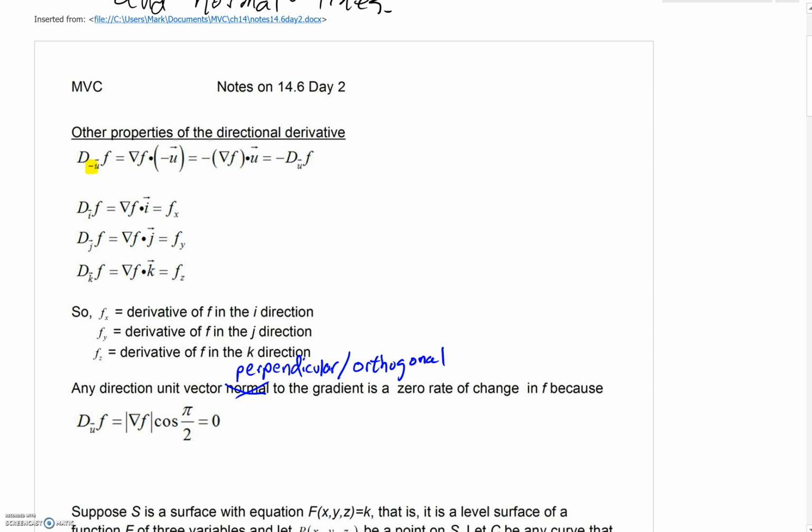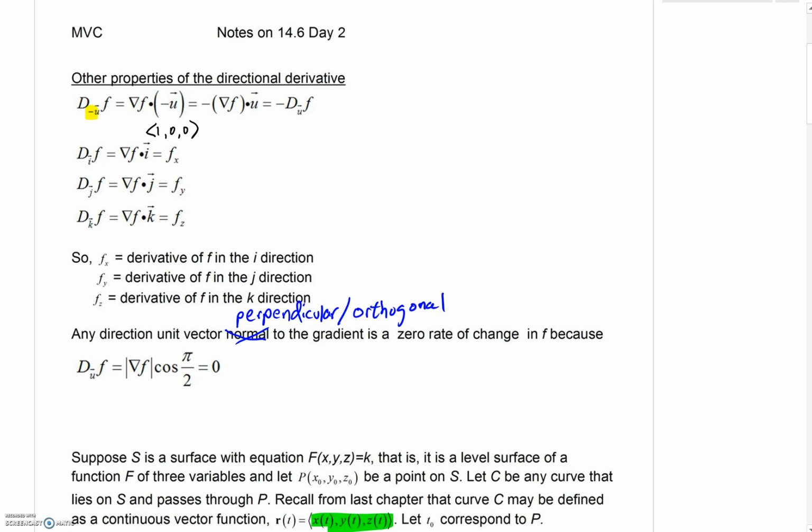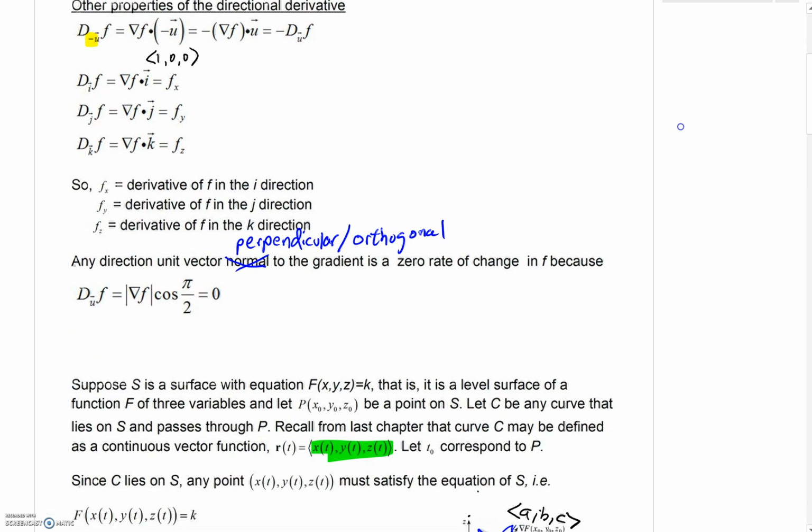I think you can quickly see what's happening. i would be (1, 0, 0), so this first directional derivative would be just the derivative of f with respect to x. Likewise, in the direction of j would be the derivative of f with respect to y. And then with z, the derivative of f in the k direction would just be f sub z.